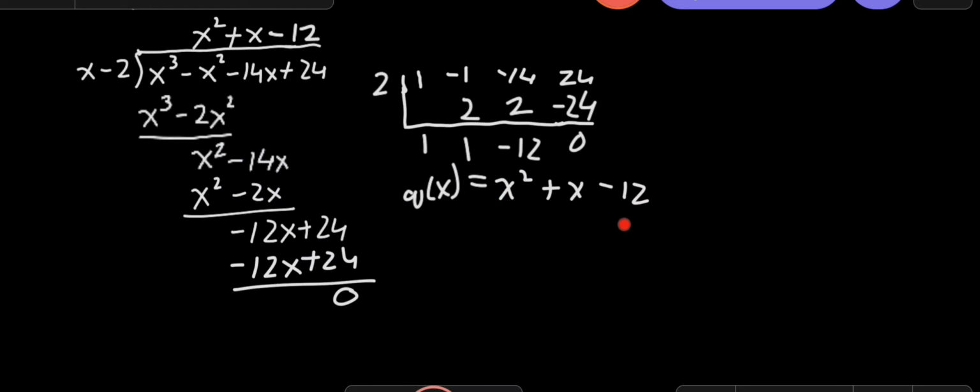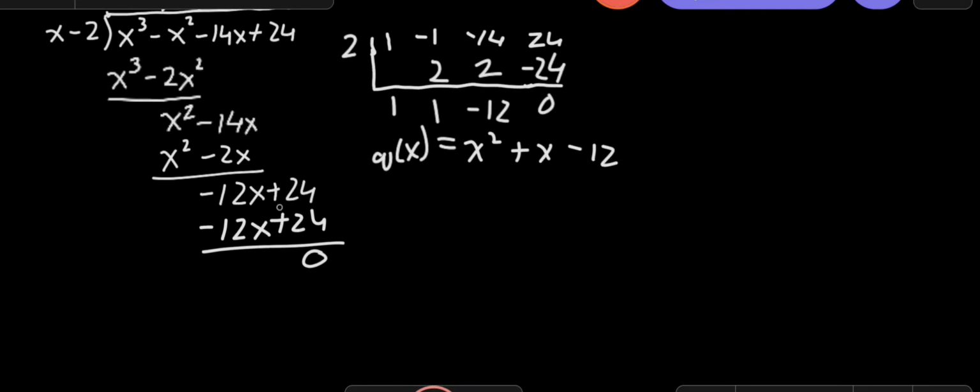Now, we can factor this over integers with a product of negative 12 and a sum of positive 1, so that's positive 4 and negative 3.